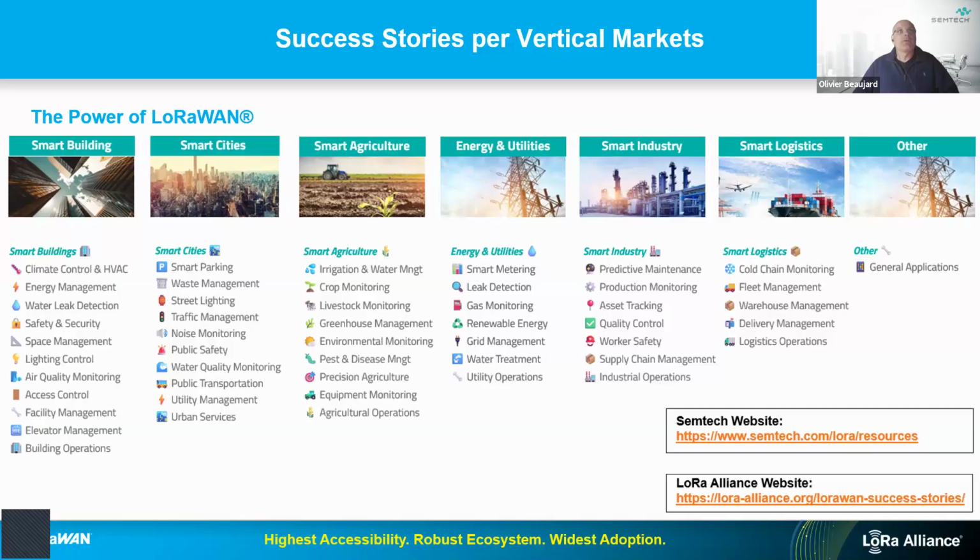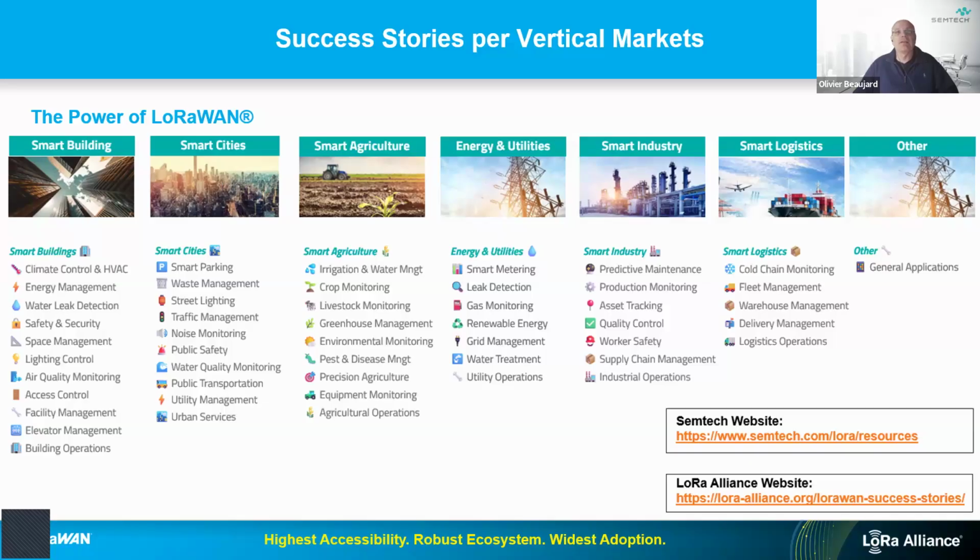So I'm not going to read all of them, but definitely LoRaWAN is very much in use in what we call smart building, smart city, agriculture, also energy and utility usage, smart industry and logistics. And I guess we'll get the slide after the webinar. I encourage you to visit the two links that we put here.